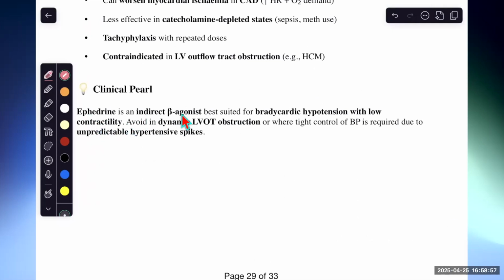It's an indirect beta agonist suitable for bradycardic hypotension with low contractility. Avoid it in dynamic LVOT obstruction definitely because it acts as an indirect beta agonist. Also in HOCM and in aortic stenosis where tight blood pressure is needed.